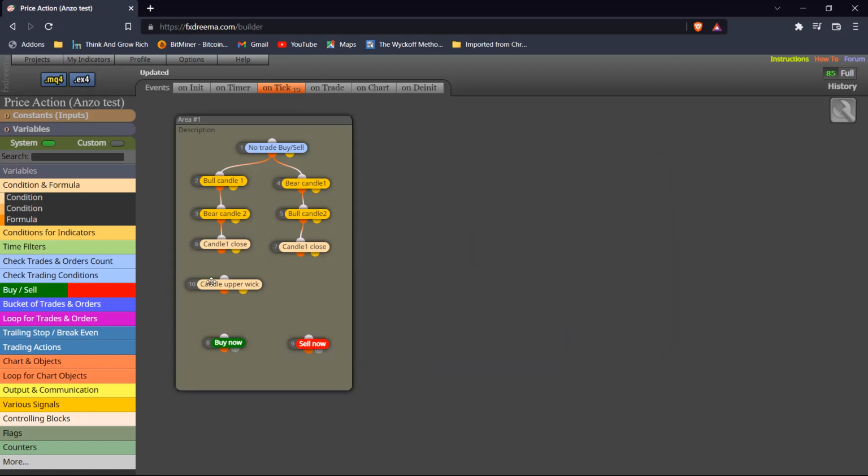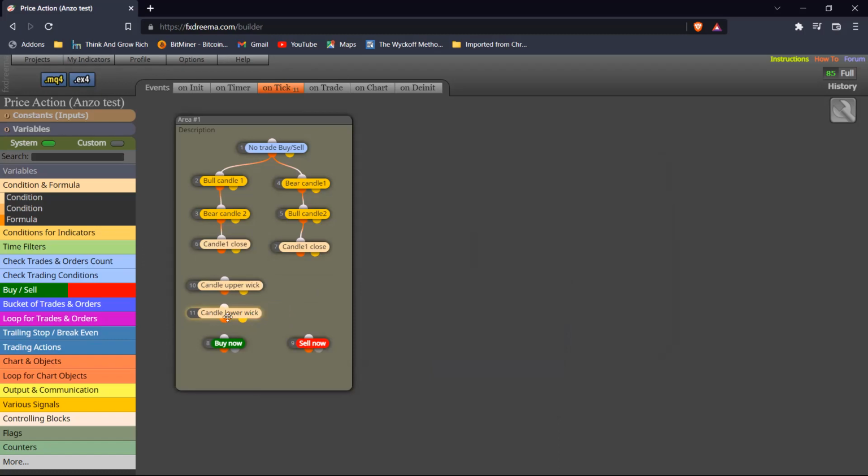We also want to make sure, so I can copy this as well. Copy and paste it here. We'll call this candle's lower wick. So let's edit it. Lower.